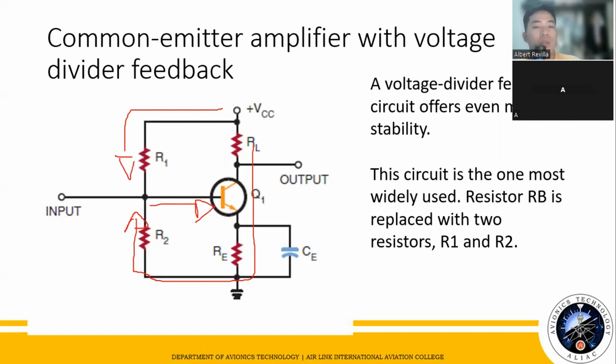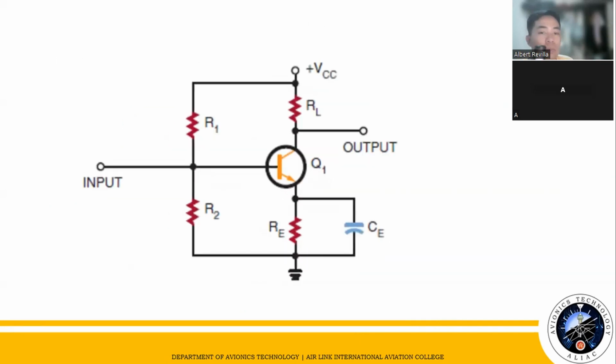So, si resistor R2 drops less voltage than R1 because the voltage at the base with respect to the ground is equal to the voltage developed across R2. So the purpose of the voltage divider is to establish a constant voltage from the base of the transistor to the ground. So the current flows through the resistor towards the base. Therefore, the end of the resistor R2 attached to the base is positive with respect to the ground.